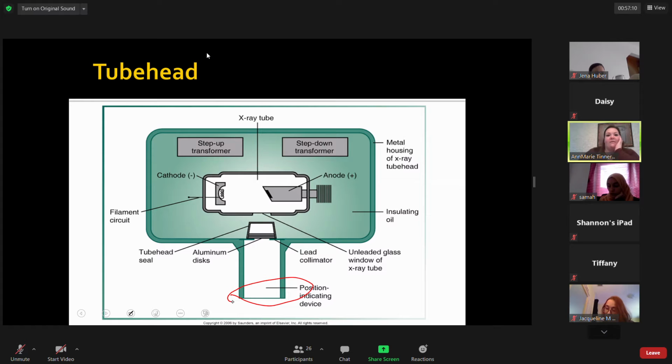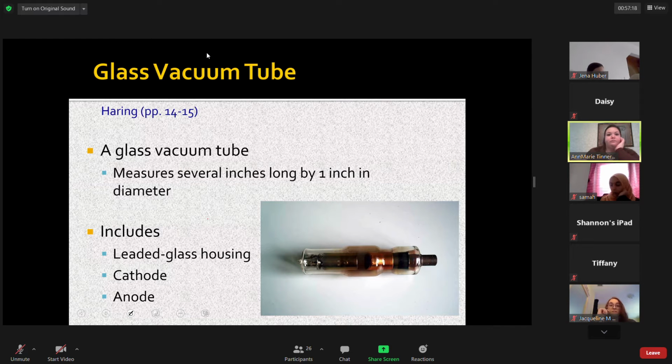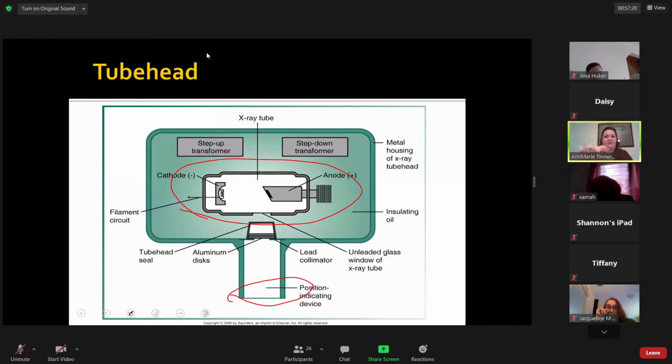And then within this, in the center here, is what we're going to get into now, the glass vacuum tube. All right, so that is that center portion right there. That's your glass vacuum tube. Within the glass vacuum tube, you have two parts on either side called the cathode and the anode. All right, so this is essentially a component that's within the tube head.